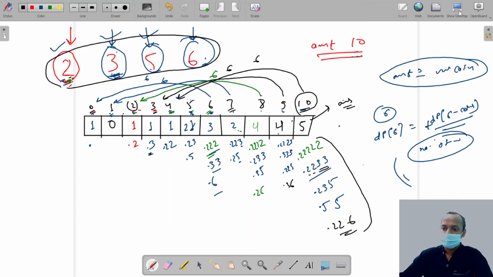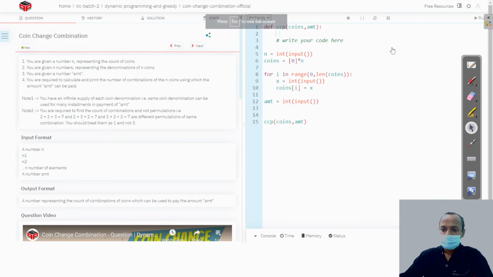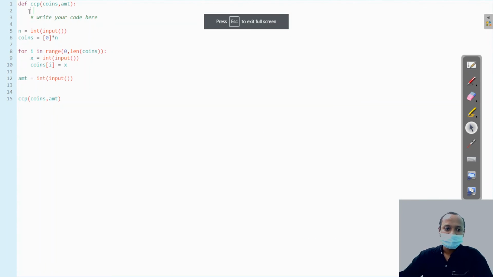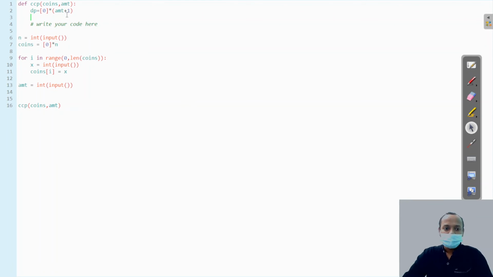Let's code it. First we make a DP of size amount plus 1. Now there is one way to pay 0 rupees, so I'm filling dp of 0 with 1.